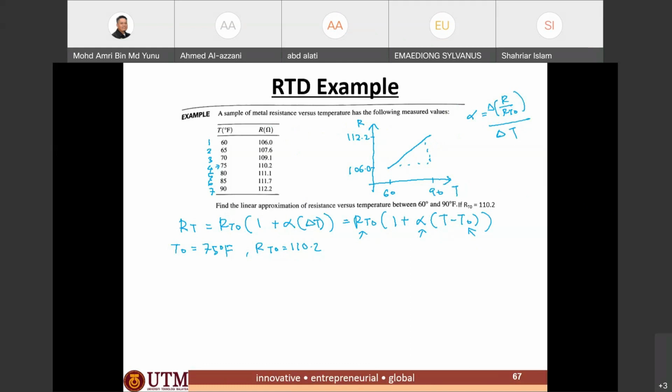We can approximate it like this: delta R over delta T, multiplied with 1 over RT naught.